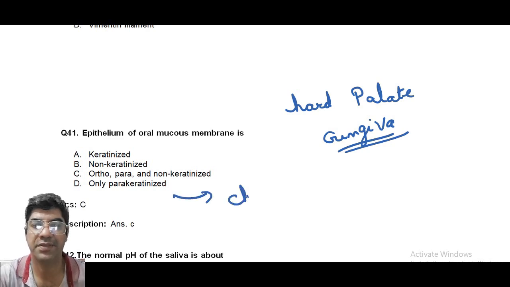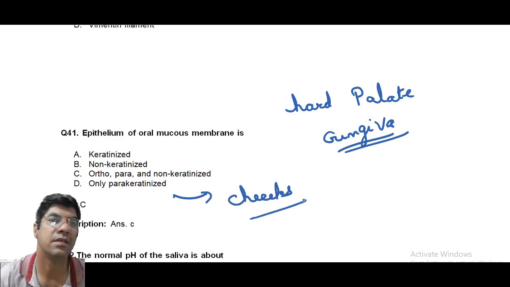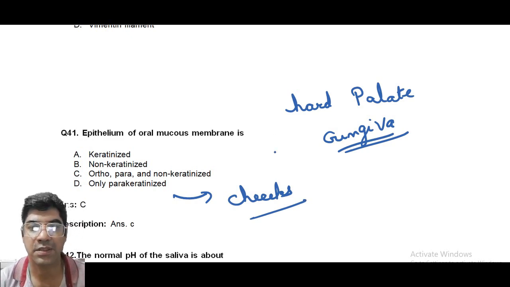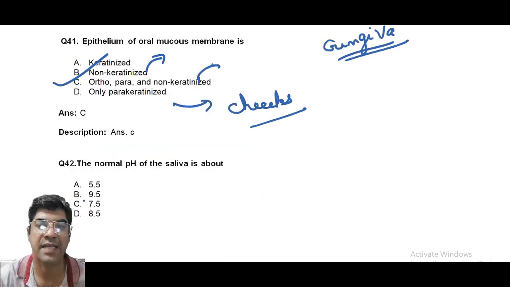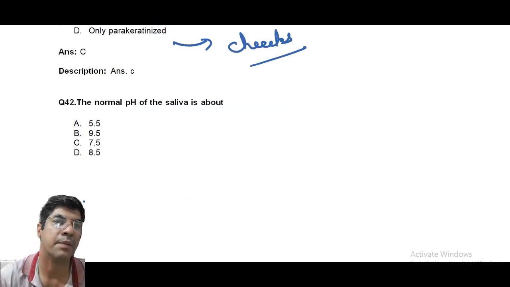The parakeratinoid is found in some regions like the lining of cheeks and some part of the gingiva. It contains retained nucleus, whereas the non-keratinoid is found in areas that require flexibility, like the lining of lips, cheeks, floor of mouth. It lacks keratin and it imparts flexibility. So answer is C.